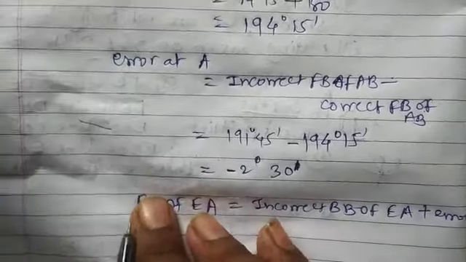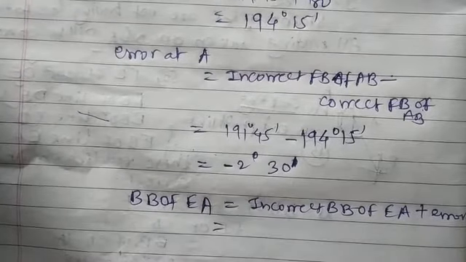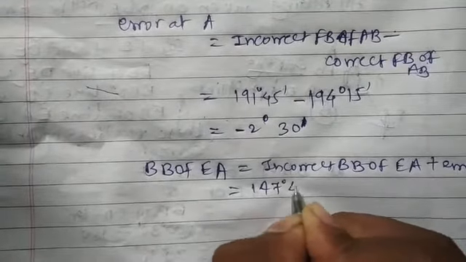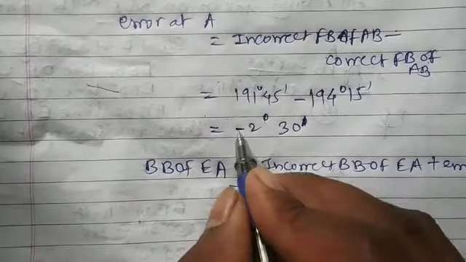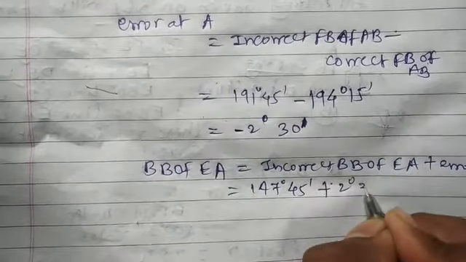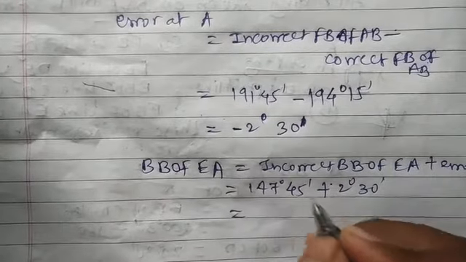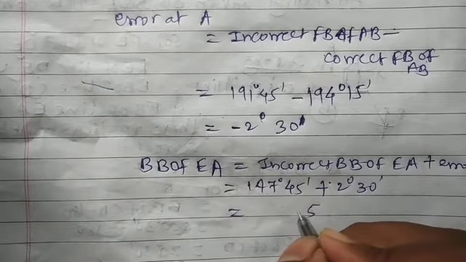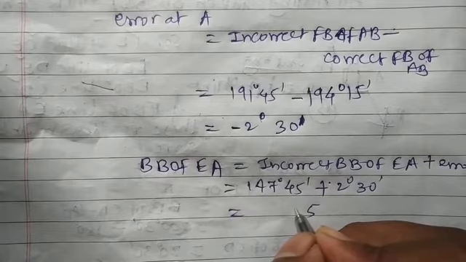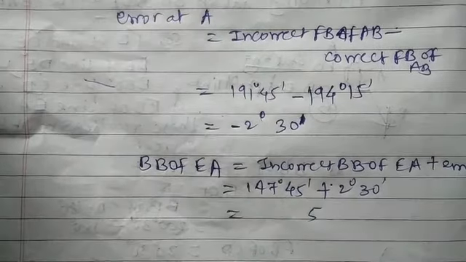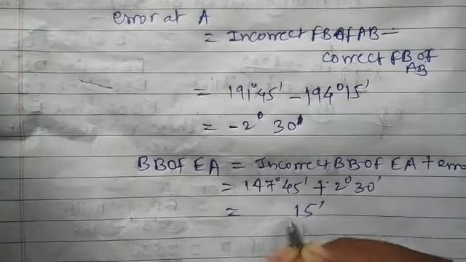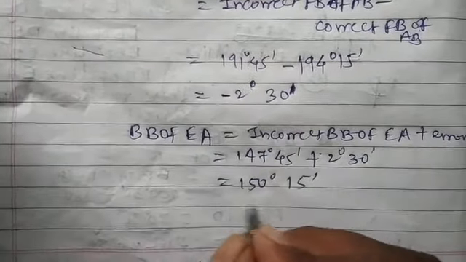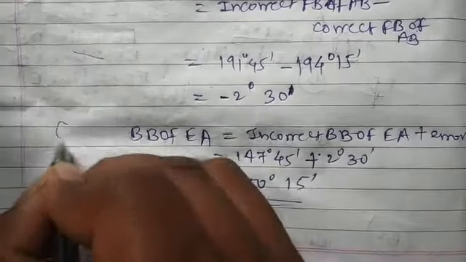Okay, so it is 147 degree 45 minutes plus, as this is minus, we'll take plus here, 2 degree 30 minutes. So it will be 150 degree 15 minutes as the answer. Okay, so we have got this as a correct back bearing of EA.